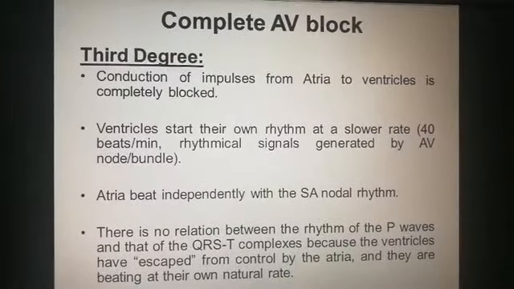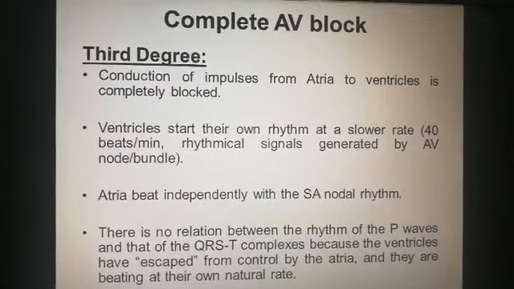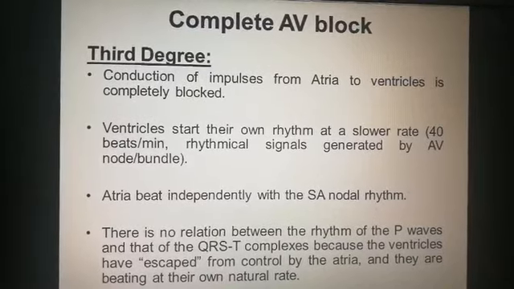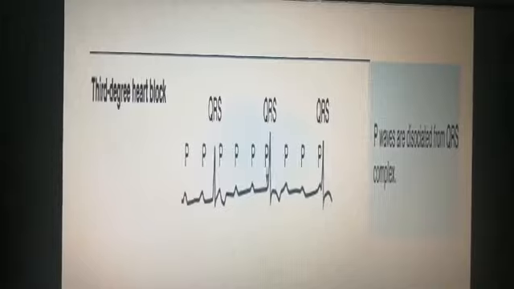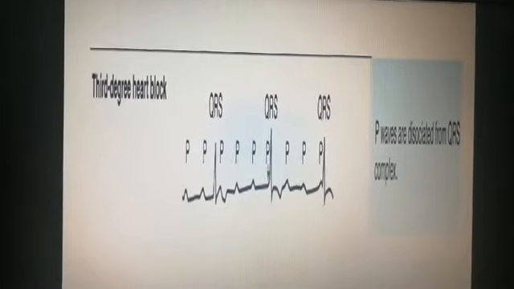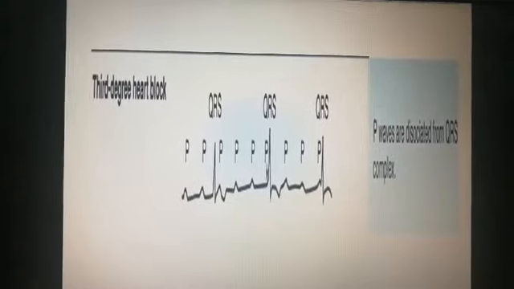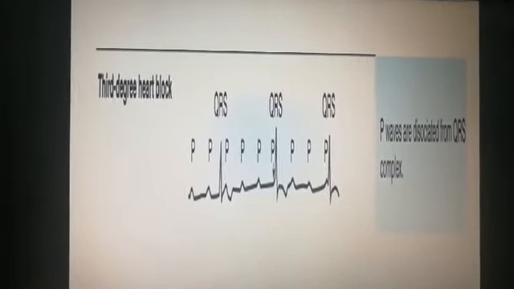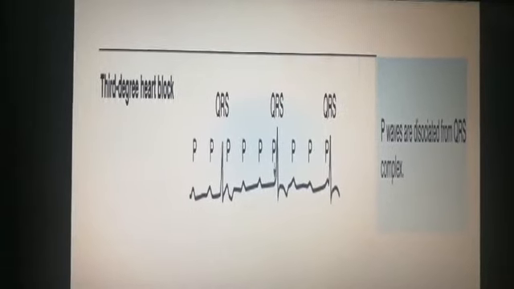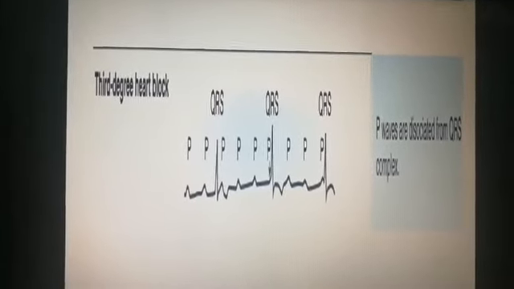The atria beat on their own, and the ventricles beat on their own, and there is no relationship between the P wave and the QRST complex. You can see here P waves occur, and QRS occurs separately, because after every P wave there should be a QRS, but you can see this doesn't happen here.